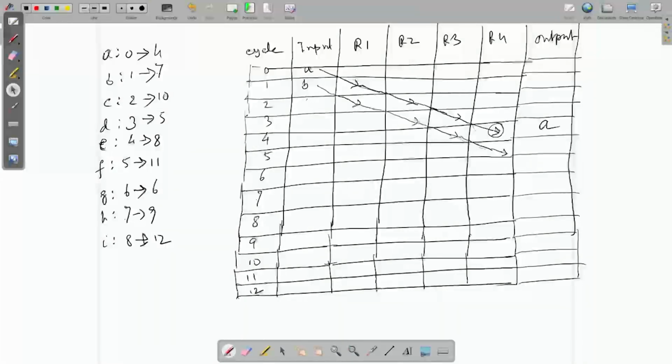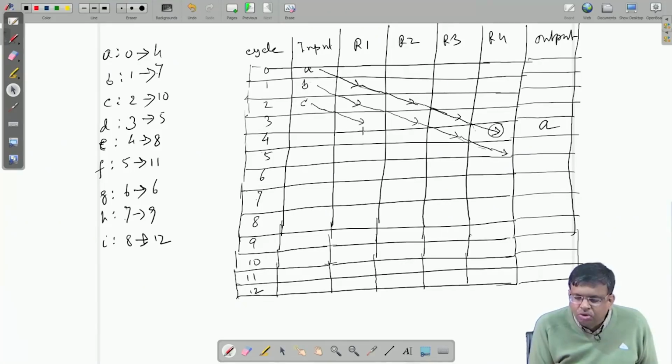C is 2 to 10. So, it goes like this. Again there is no conflict, as I told you, C is given to the input of R1 in cycle 2, but R1 output only is showing B in cycle 2. So, no conflict.